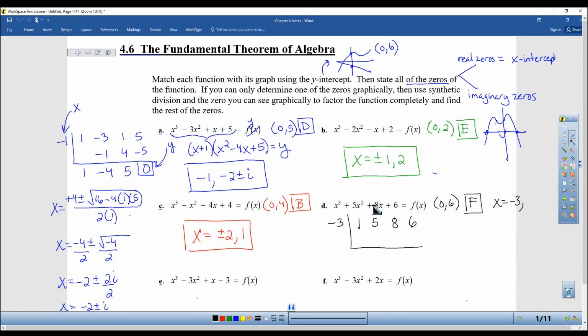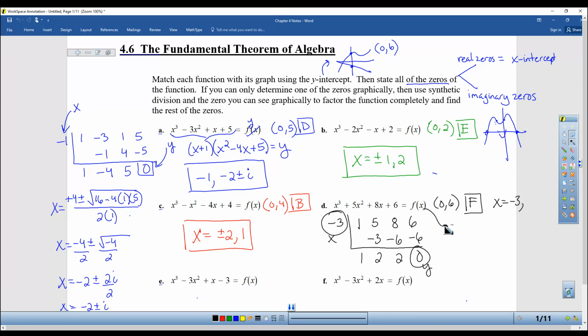It did go 3, 2, 1, 0, so I don't need to add anything. And then I add, multiply, add, multiply, add, multiply, add. And sure enough, that is the ordered pair. Remember, -3, 0, that's the x, and this is the y. That's the ordered pair that comes from that.